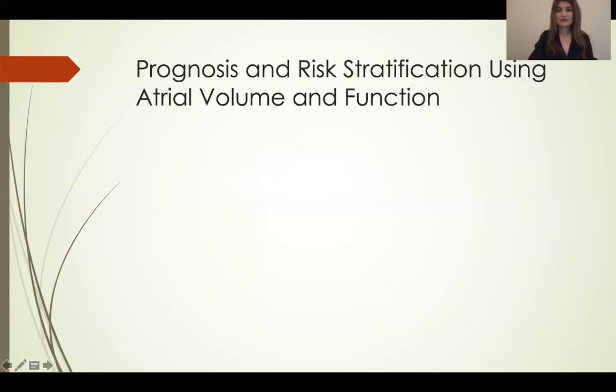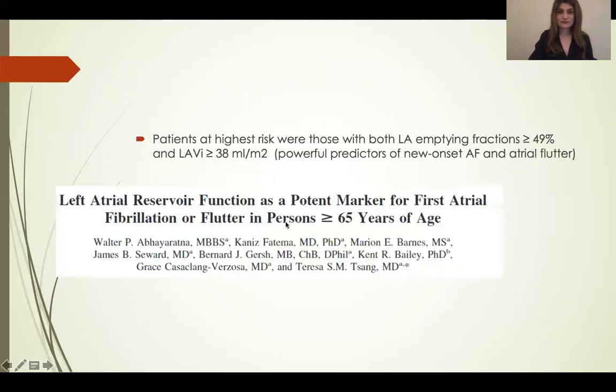Prognosis and risk stratification using atrial volume and function: patients are at highest risk when left atrial emptying fraction is greater than 49% and left atrial volume index is greater than 38. Left atrial volume index greater than 38 is a powerful predictor of new onset atrial fibrillation, according to this study.